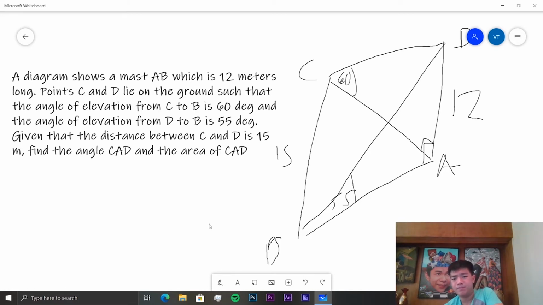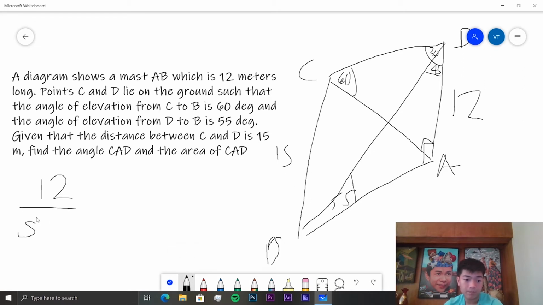So what information are we given? Since this is 55 and it's perpendicular, this should be 45. And on the other side, that should be 30. So we can calculate this AD side. So we have sine 12 over sine 55 is equal to AD over sine 45. So we could also use, I guess, simply 12 over AD equals 10.